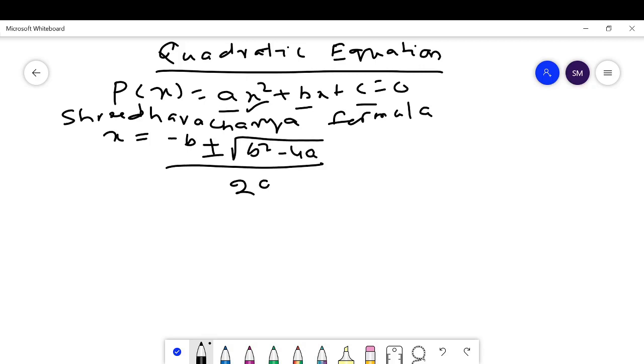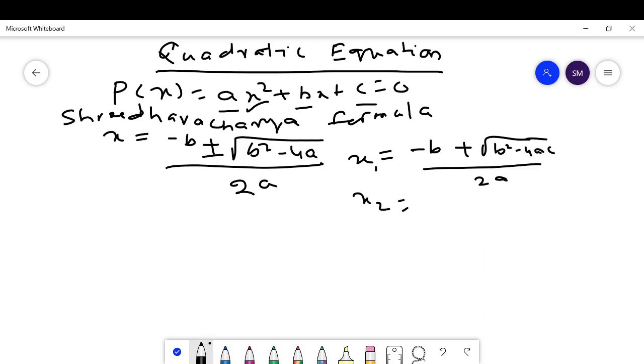You know students, when we solve any quadratic equation, we get two solutions. First, x1 is minus b plus square root of b square minus 4ac upon 2a. Another solution is minus b minus square root of b square minus 4ac upon 2a.